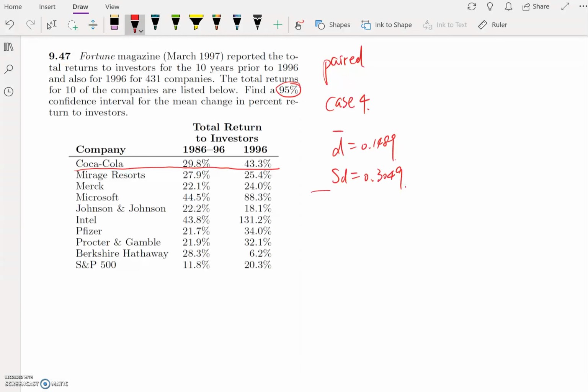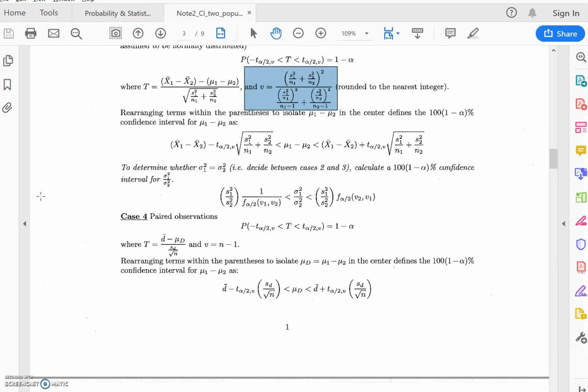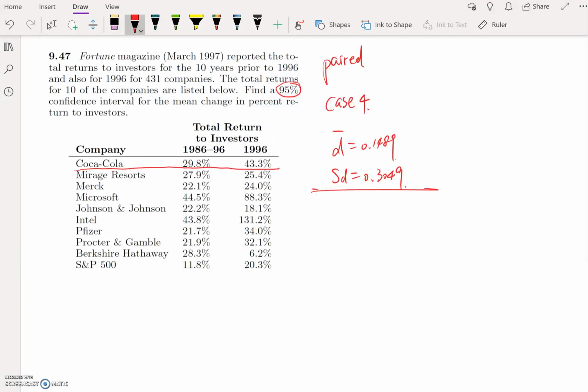So from the formula, D bar minus t alpha over 2, v, times SD divided by square root n, less than mu D, less than D bar plus t alpha over 2, v, times SD divided by square root n.